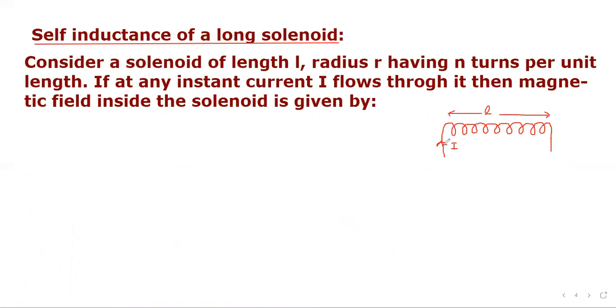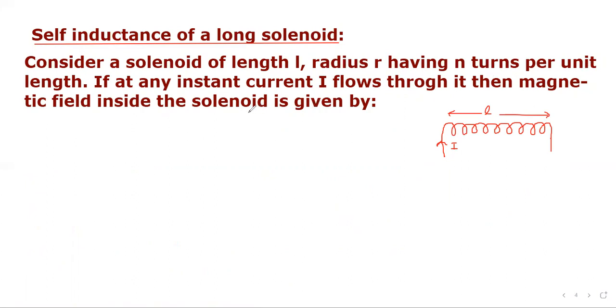So here we are going to consider a long solenoid whose length is L and area of the turn is pi r square, where r is the radius, and it has, suppose, n turns per unit length.